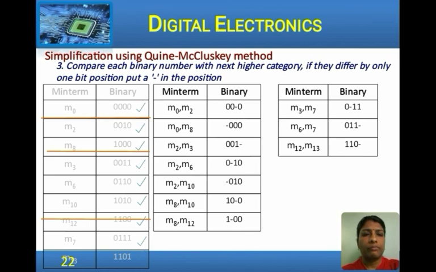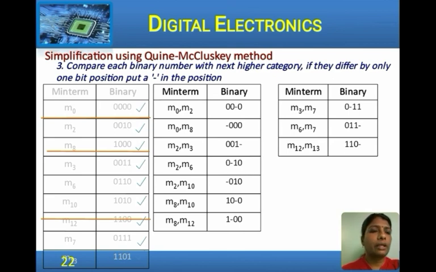So, we have listed the minterms and the binary, the previous table, again for reference. Take M0, which is 0 0 0 0, and compare it with M2, 0 0 1 0. Observe the two binary numbers differ by only 1 bit position, that is the second digit from the right, by 0 and 1.